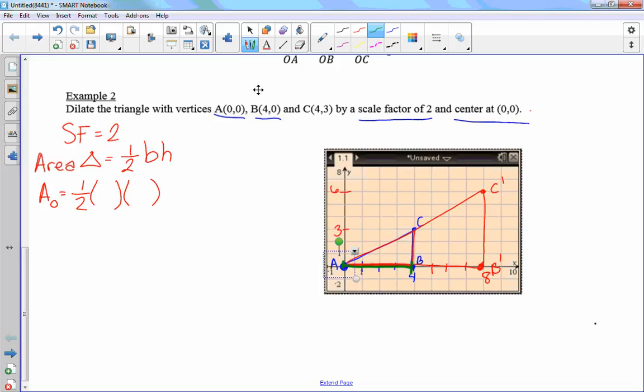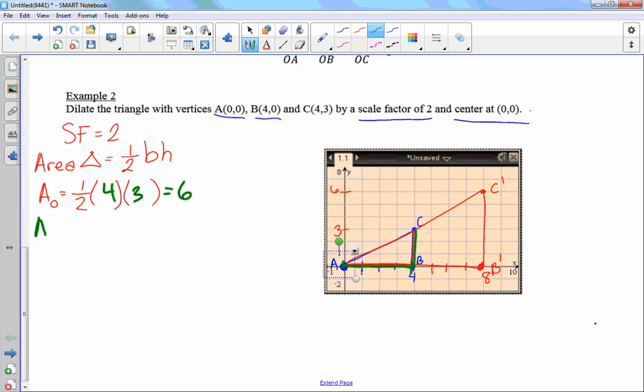Okay, now we need the height. Fingers in the air, please, everyone. What's the height of the original triangle? Good. 3. Okay, so 4 times 3 is 12. Divided by 2 is 6.